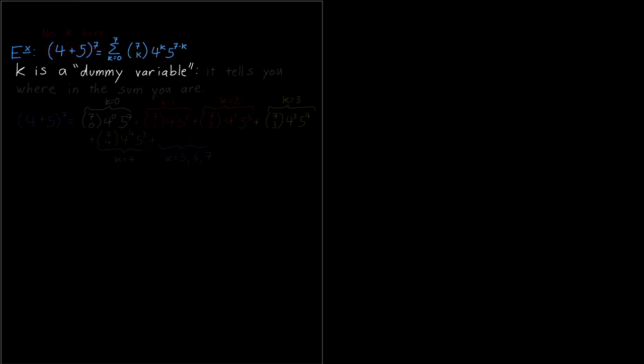It is the variable that shows up in a for loop. The variable that's not allowed to mean anything else that you care about. It tells you where in the sum you are.